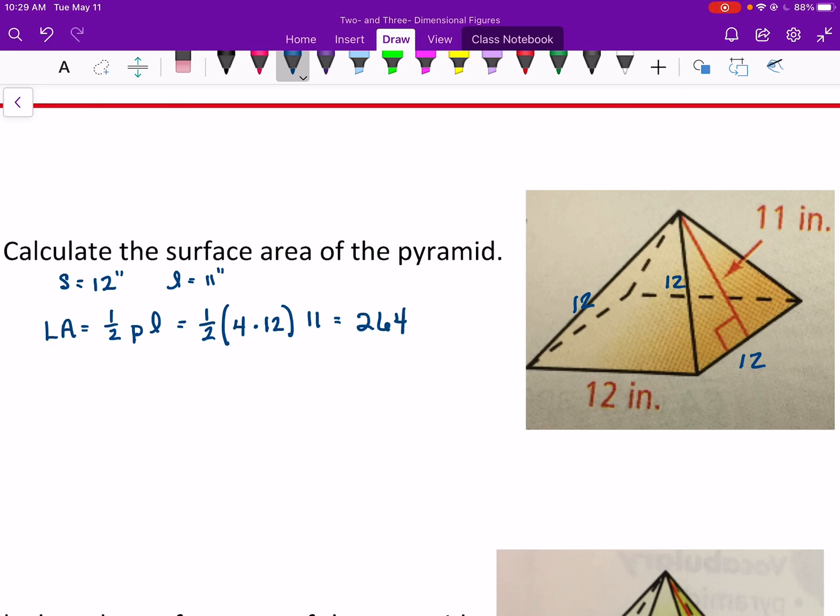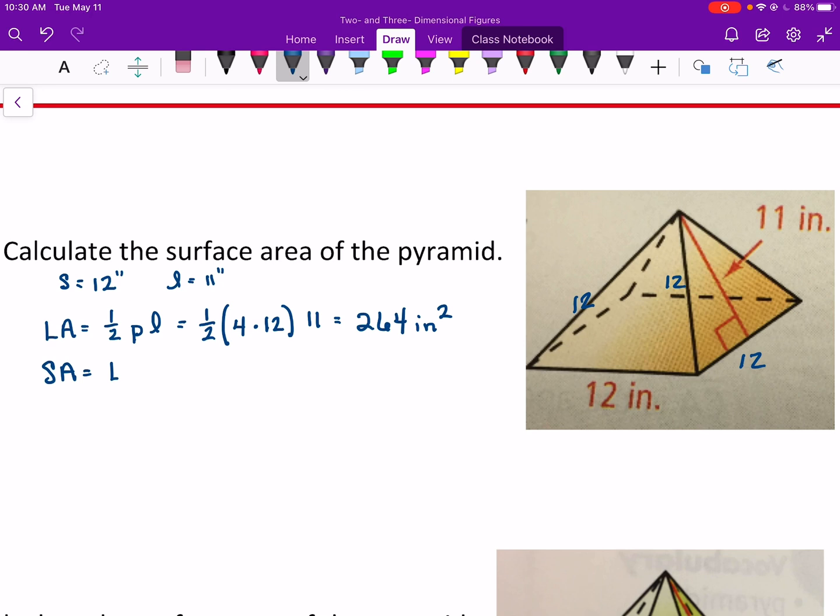And my units are inches, so this is inches squared. 264 inches squared. Do make sure you put on your units. I told the kids in class I'm going to start taking off when your units are not on. We haven't done that for the first few assignments, but I think it's time now that we can handle this.